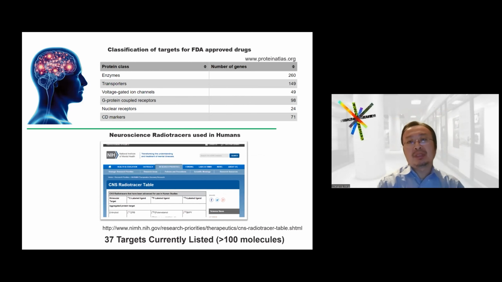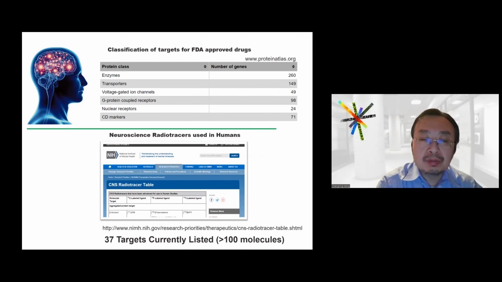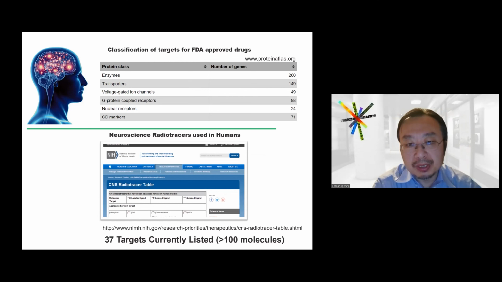So why do we focus on looking for new PET ligands? If you have a quick look at the FDA approved drugs, there are many targets available for drugs. But when we go back to the radiotracers, there is a limited number of targets with PET tracers that can be used in human. For example, this is an NIH summary of some human use radiotracers. This is from a few years ago, so there are more targets available now, but still not that many.